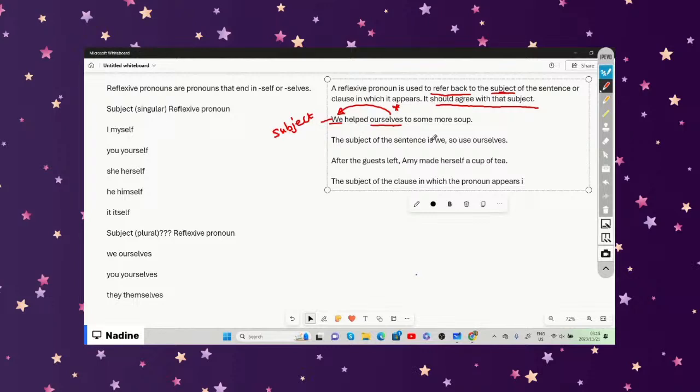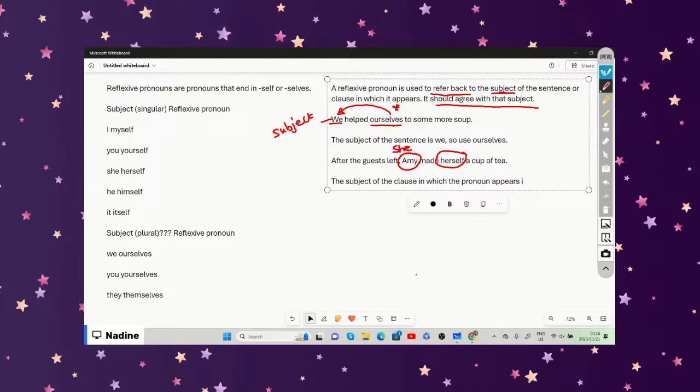So there we have Amy, which can also be referred to as she, and then herself. Amy made a cup of tea. Amy made herself a cup of tea. It's like saying she made herself a cup of tea, right? Which means that Amy is basically just the noun, she's not the pronoun.